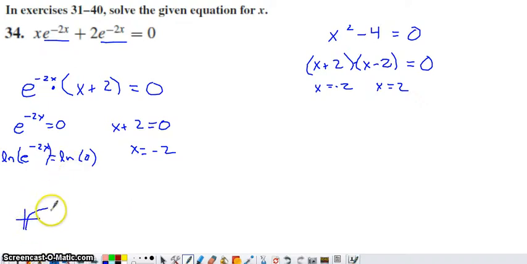There's no point on this graph of y equals natural log of x where x is allowed to equal 0, right? x would equal 0 on the y-axis. This graph never touches the y-axis. So although we have to consider it, this half of the problem doesn't pick up an additional solution. So this particular equation has one solution, and that one solution is x equals negative 2.